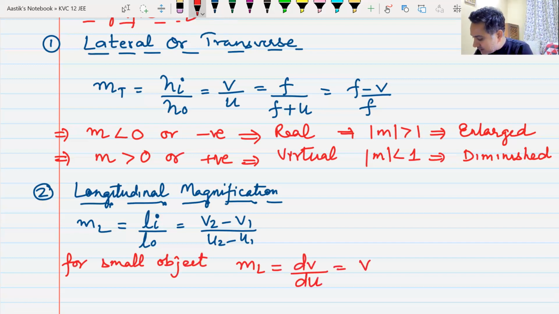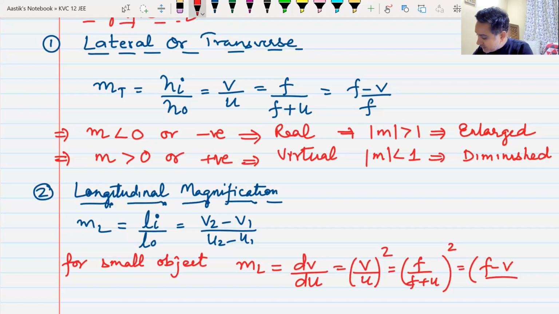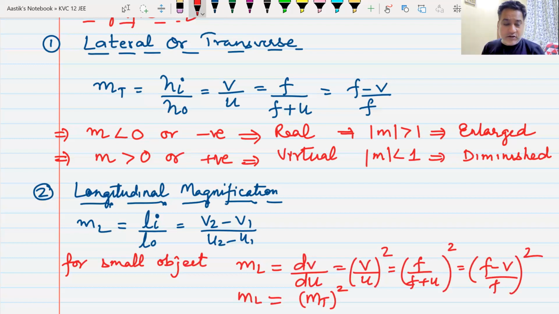And this will come as (v by u) whole squared, or you can write it as (f upon f plus u) whole squared, or (f minus v by f) whole squared, or simply transverse magnification squared. This is a quick revision of your chapter on reflection.